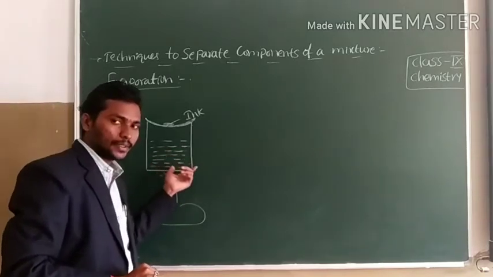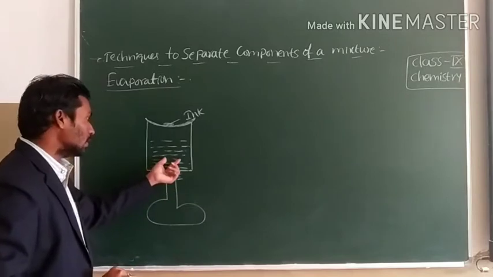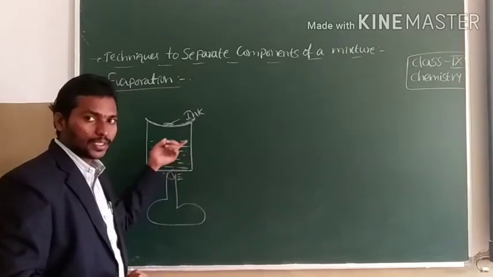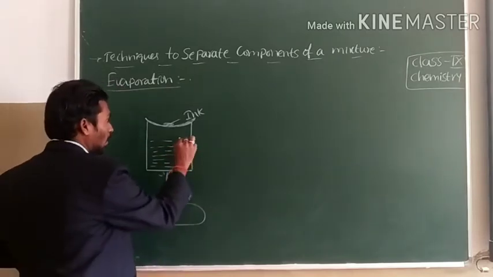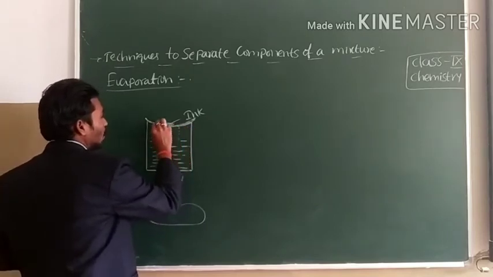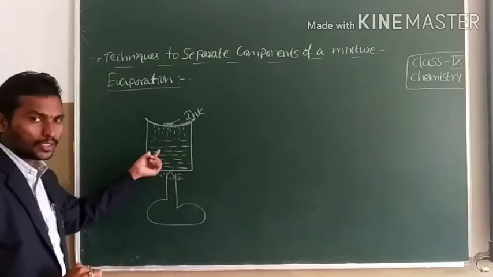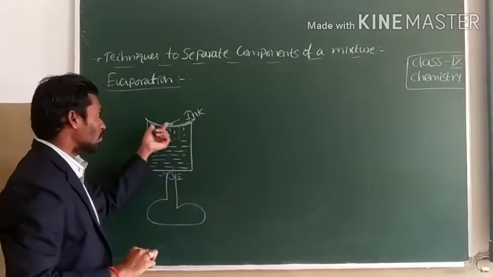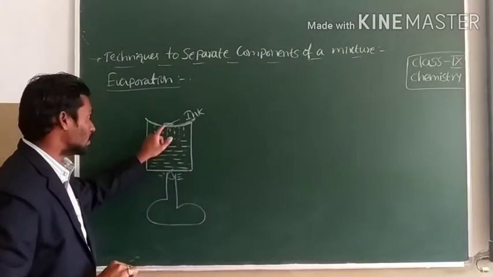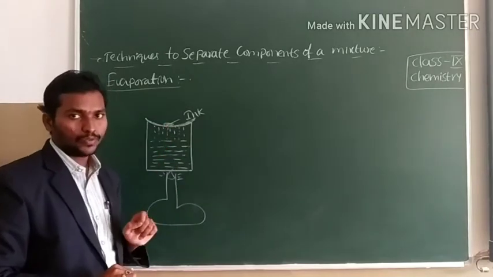So on heating, the water gets evaporated. The water gets boiled, and when water boils, it produces water vapor. Whenever the water vapor touches the watch glass, the watch glass contains a few drops of ink.